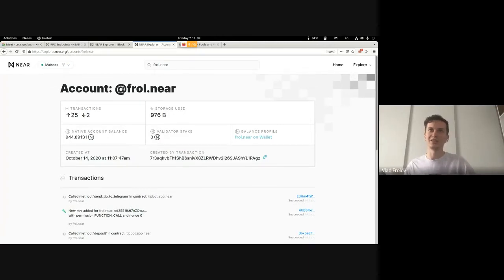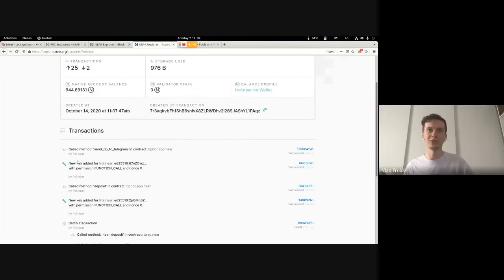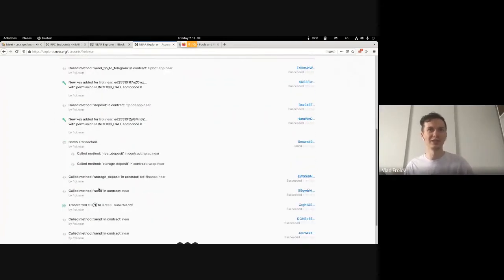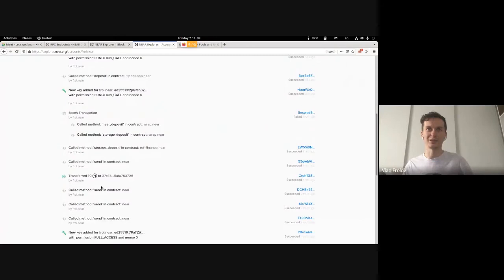I can also create changes to my own account, so this would be counted twice. For example, this one, when I added a new key from my account. It's a bit misleading here, but that's how it's done right now.